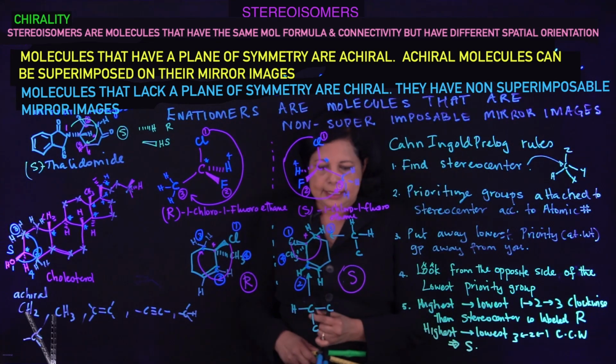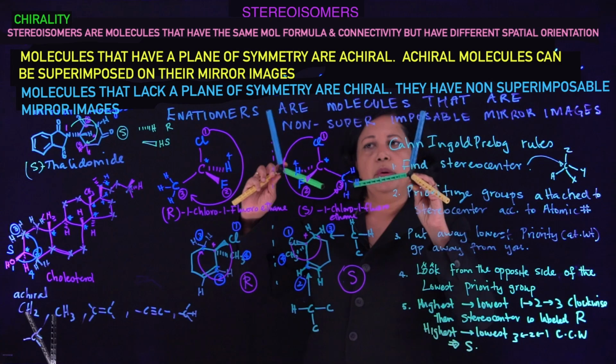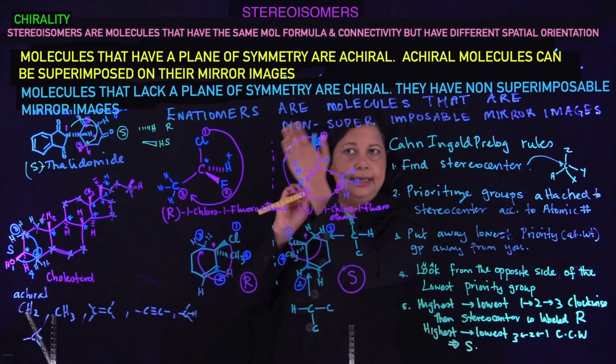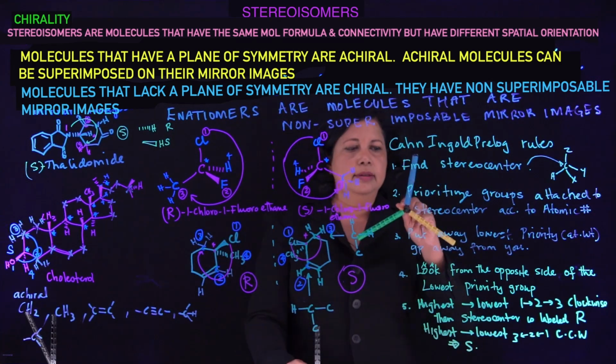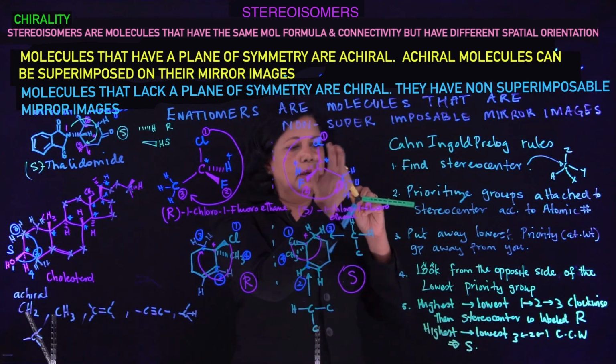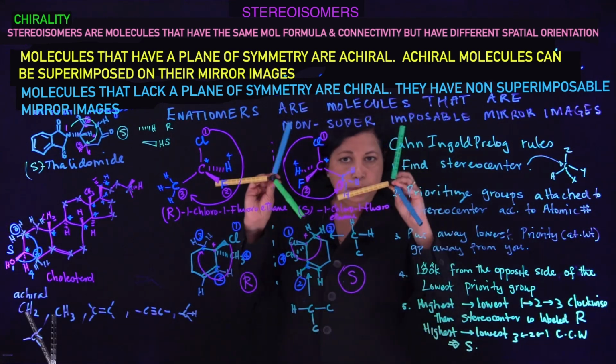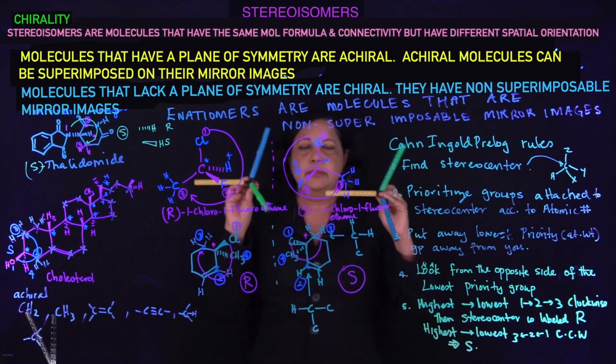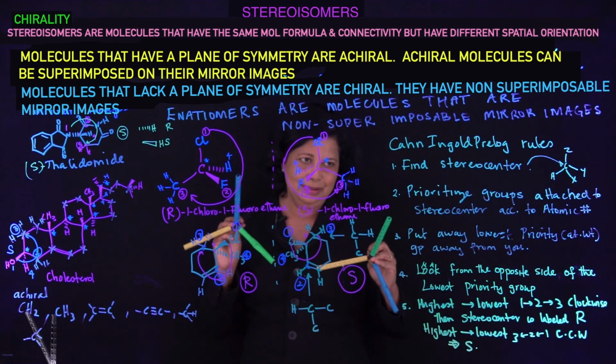And we want to tell enantiomers apart when we name them. So we use the handedness or the clockwise and counterclockwise orientation of these groups in order to label them as different molecules.